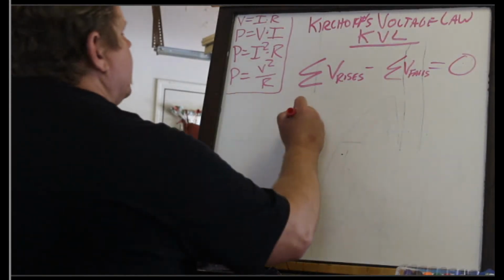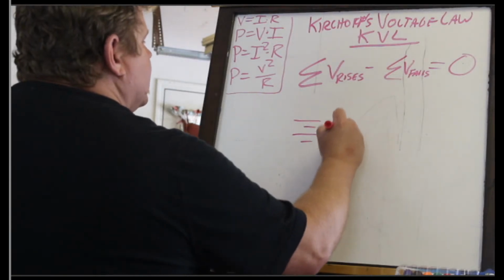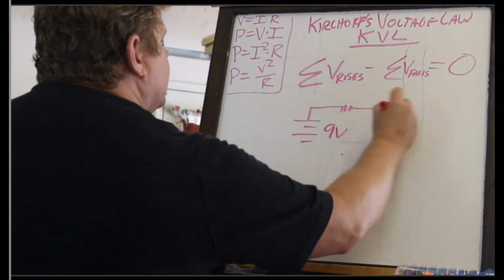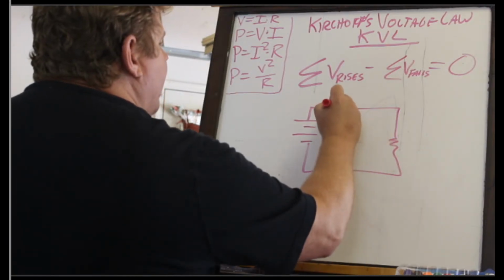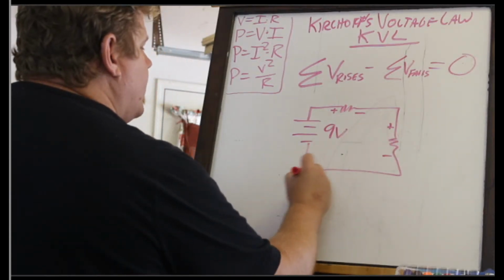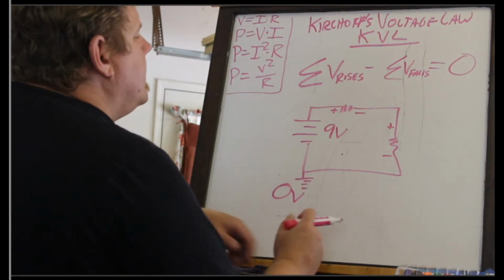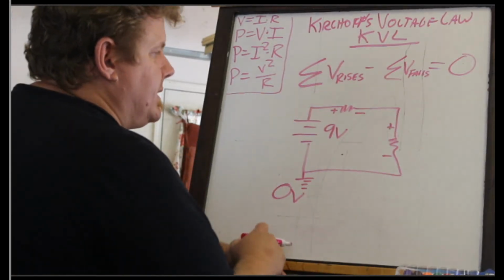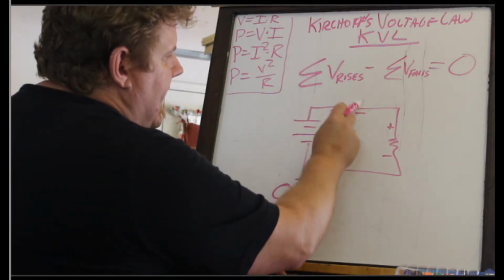So that means if I have a circuit, and this is a 9-volt source, and it doesn't really matter what these values are, I have a drop here, and I have a drop here, and this is where my 0 is down here if you wanted to put a ground in, okay? So this is 0 volts. So we have 9 volts to 0 volts. So I have a voltage drop here, so this potential voltage is higher than this one.